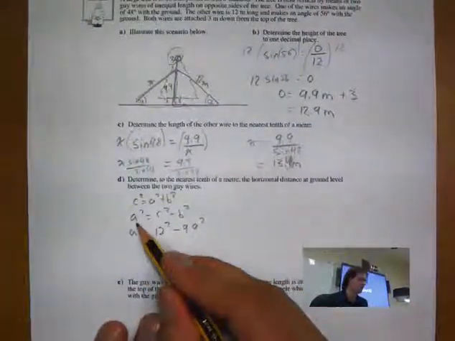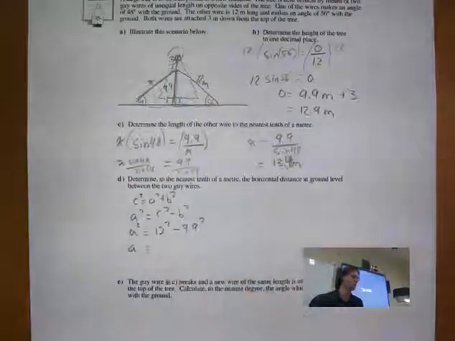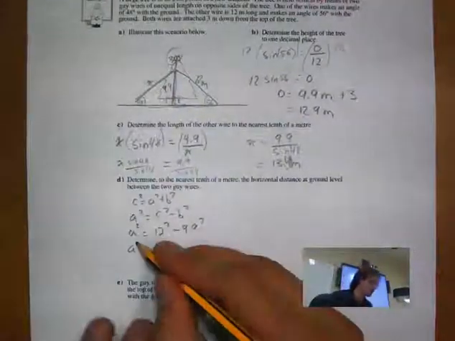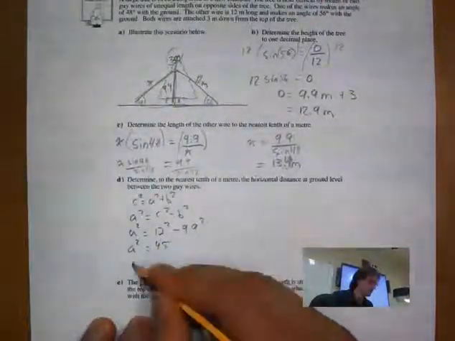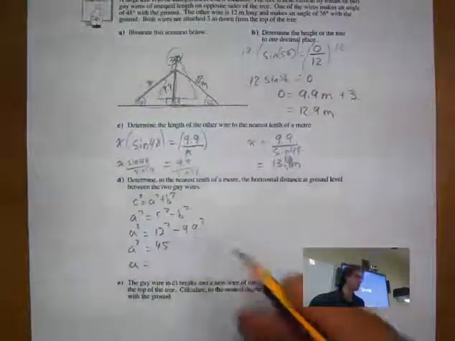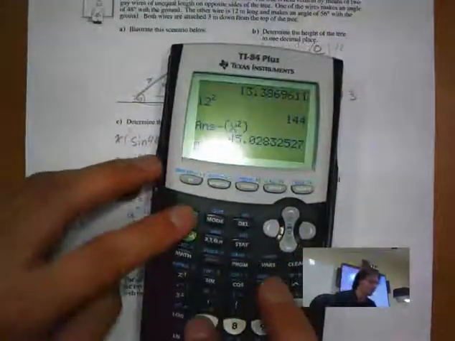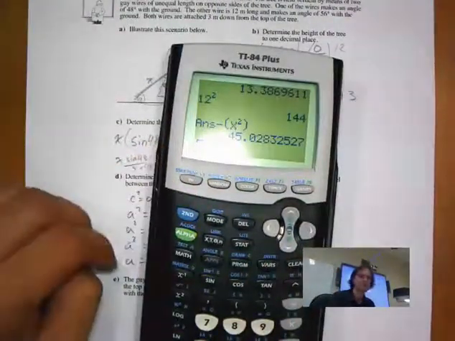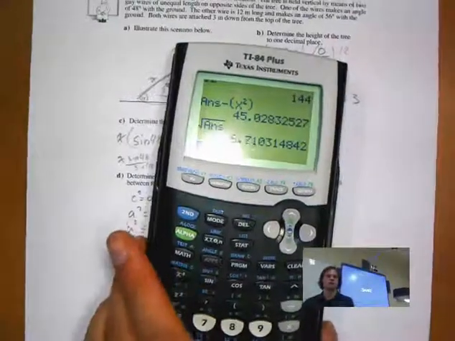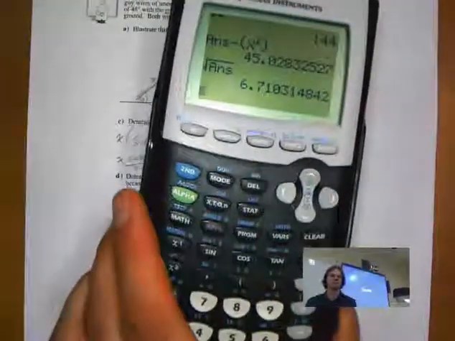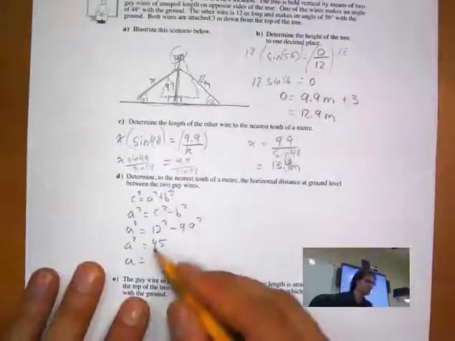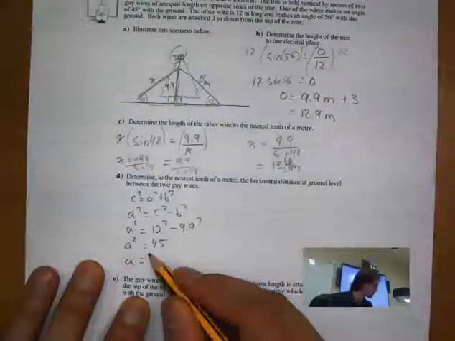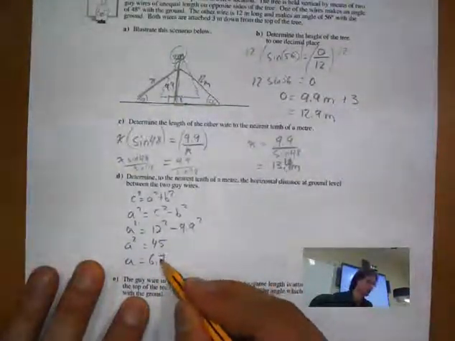Well, what is a equal to? We have to square root this. Okay, so I square root it, and I get 6.7. So we get 6.7 meters.